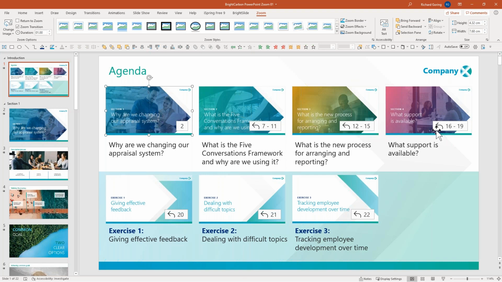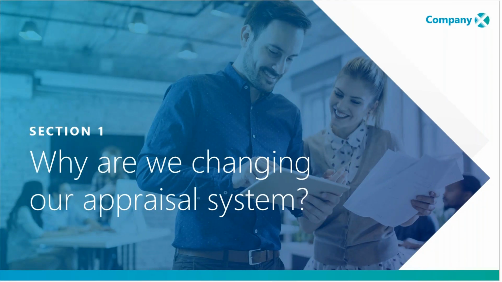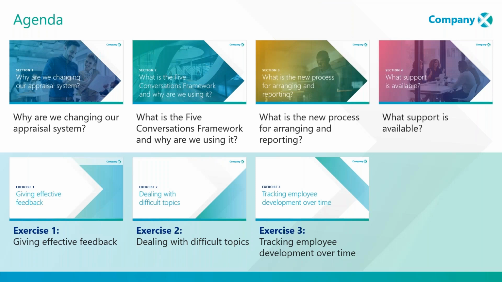So you see that all of these here have this little backwards arrow, but this one doesn't. If I click on return to zoom, that backwards arrow appears. And what that means is that now if you click on that zoom link, it'll zoom into the slide, but now when you click, instead of going through the rest of the deck, it will now bring you back to that menu where you originally left.